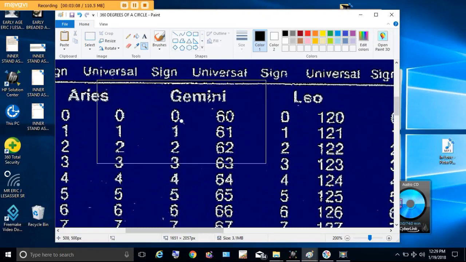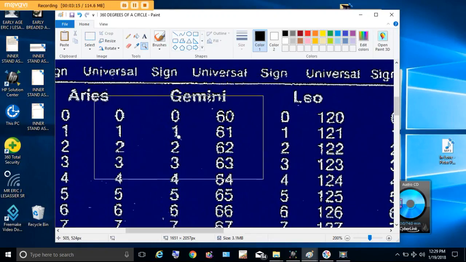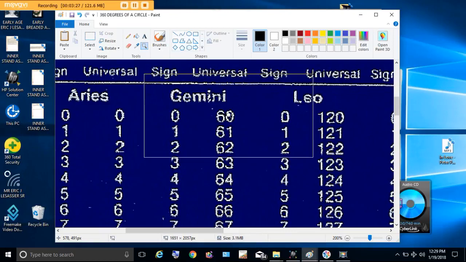So you have 0 degrees of Gemini equaling 60 degrees. 1 degree of Gemini equals 61. So if the sun was shining in 0 degrees as it transits into that sign, it will equal 60 degrees.